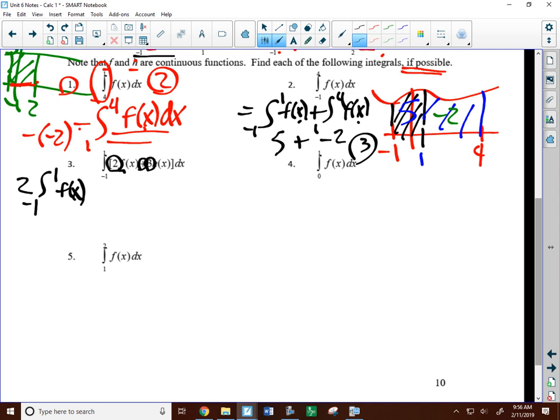Then plus, I can pull the 3 out of this one and do -1 to 1 of h of x. And then I have each of those values. So -1 to 1 of f was the 5, plus 3, and then -1 to 1 of h is 7. So 10 plus 21, 31.